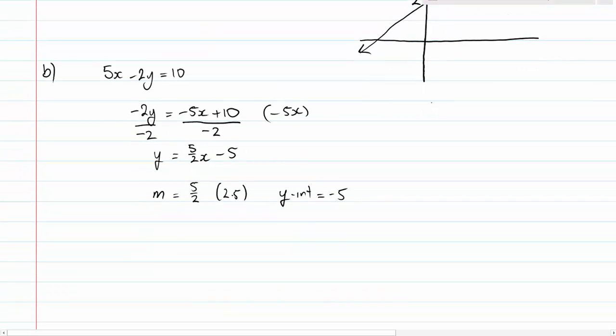So in this case, my function will look a little bit like this. It has a y-intercept of -5, which is here, and a gradient of 5/2. For every 1 I go along, I go up 2.5, or for every 2 I go along, I go up 5.